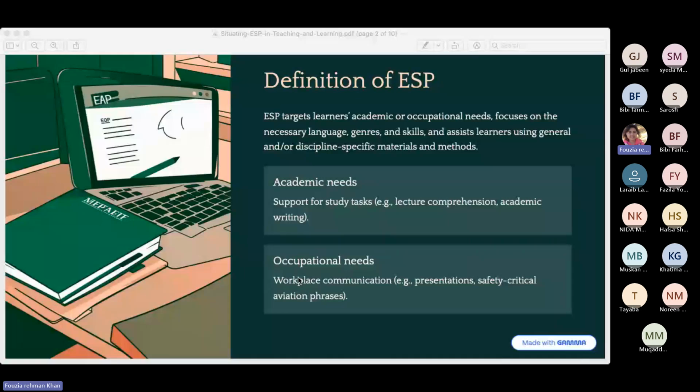I am using these terms with the assumption that you know who the native speakers and the non-native speakers are, what we mean by the academic needs, what the professional needs are, and then there are some vocabulary terms also. I only knew that you haven't done the course of methods in language teaching. That's why I give you a little bit of history.